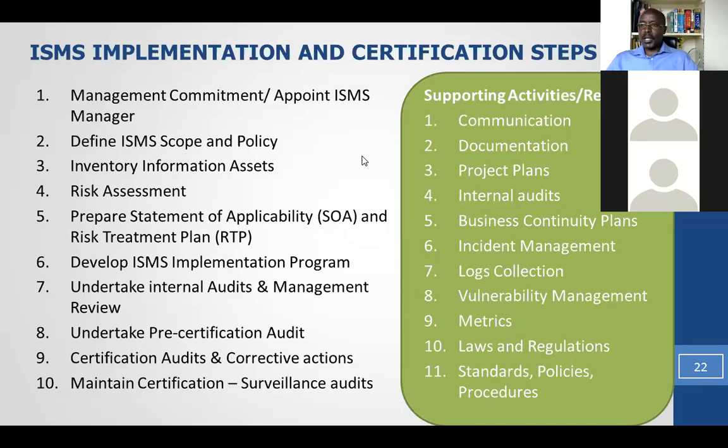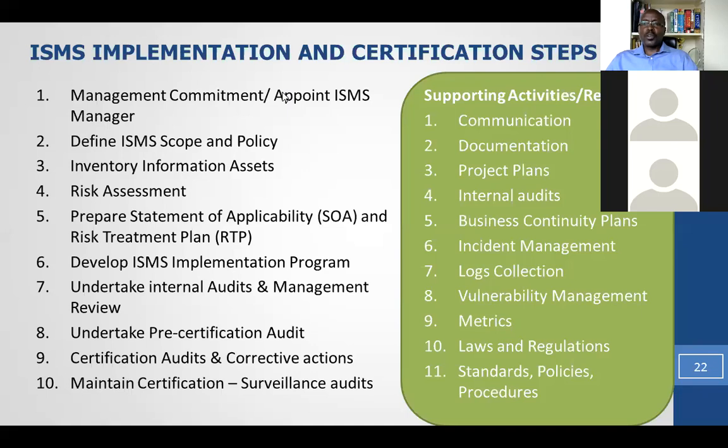ISO 27001. On the right, what we have is the supporting activities and resources. As you're going through the activities that we've listed on the left, you will have to do a lot of communication, you have to manage a lot of documentation, you have to put in place your project plans, internal audits and internal audit reports, your BCPs, incident management reports, and systems.